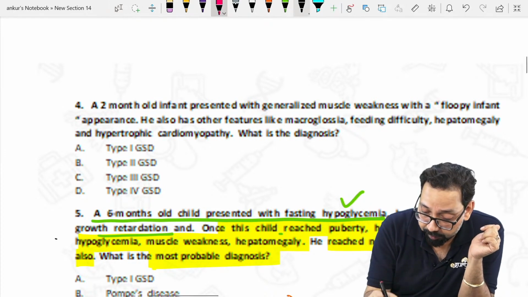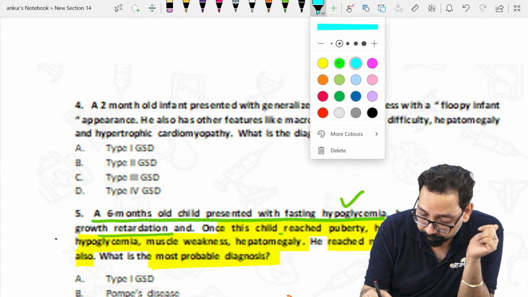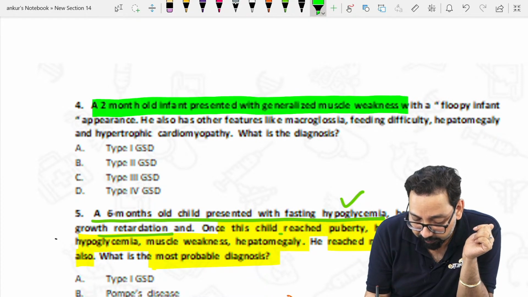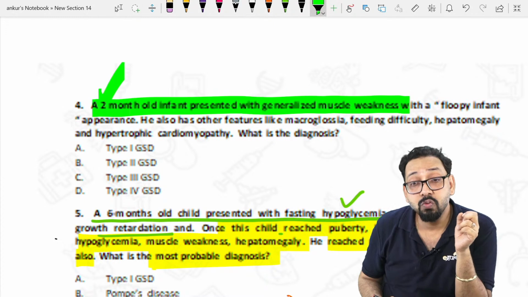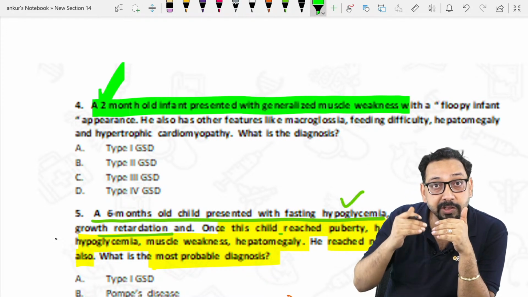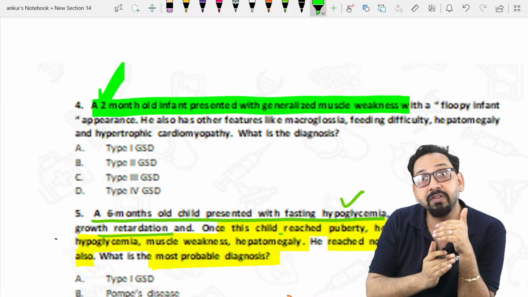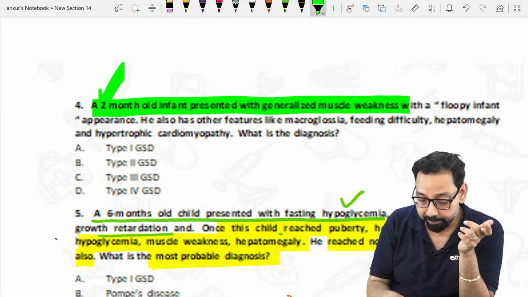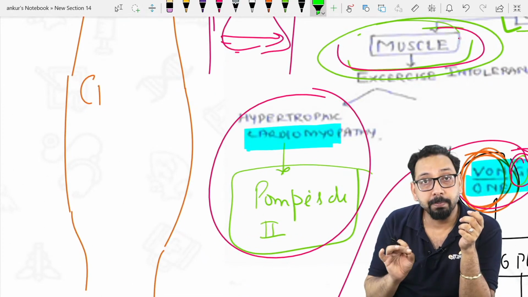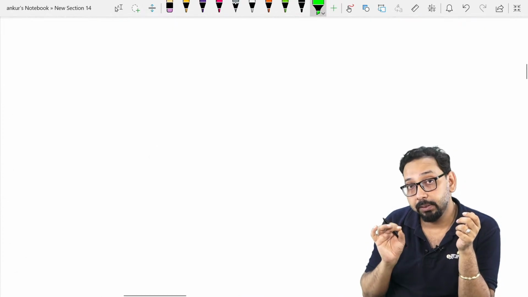In this question, a 2-month-old infant presented with generalized muscle weakness. In fact, a question is also asked that Pompe's disease manifests early in infancy. How to remember? The name itself tells you: Pompe, prompt.